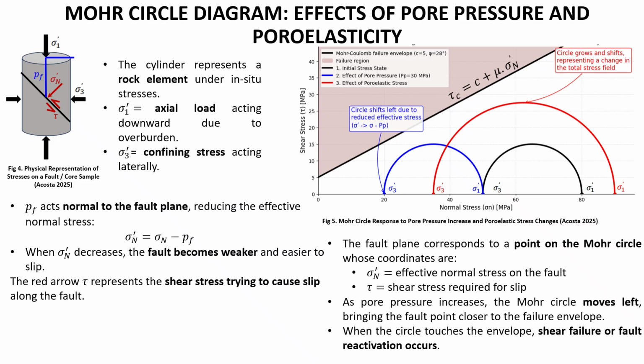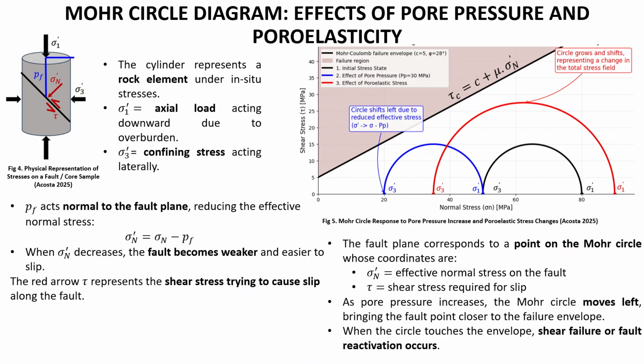Also, on the plot in figure 5, you see a straight line which cuts the vertical side of the plot, which is called the failure envelope. The actual name is the Mohr-Coulomb failure envelope, defined by cohesion C and the friction, which is represented by mu.